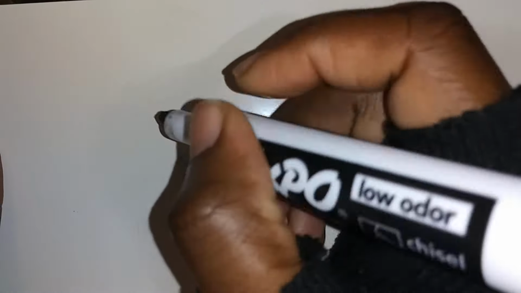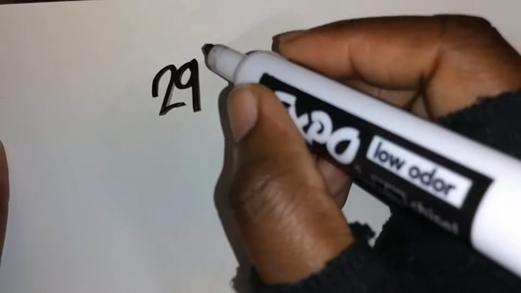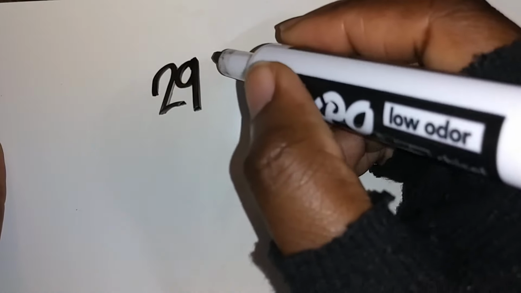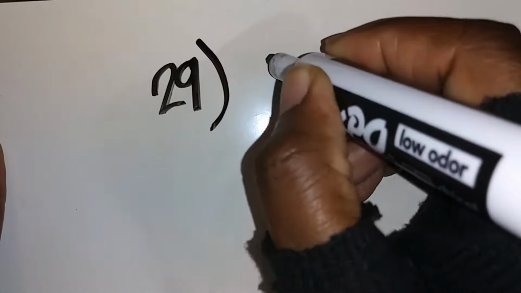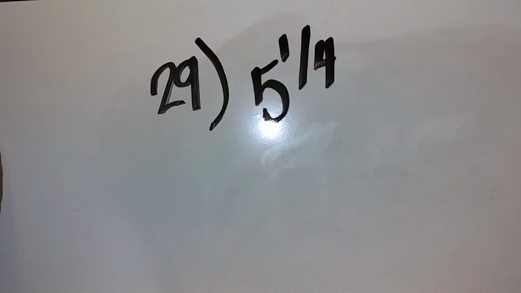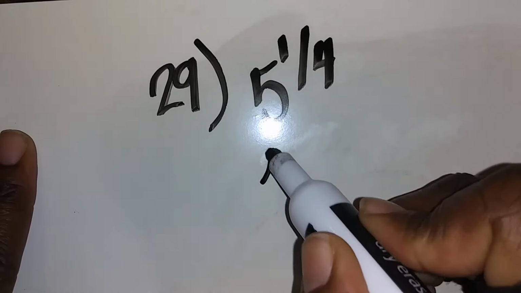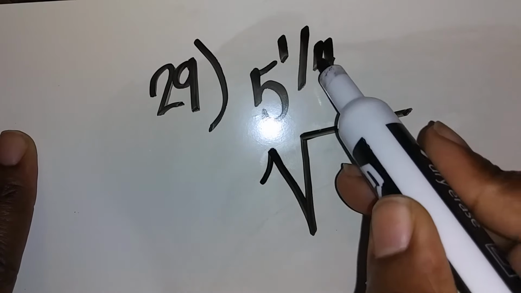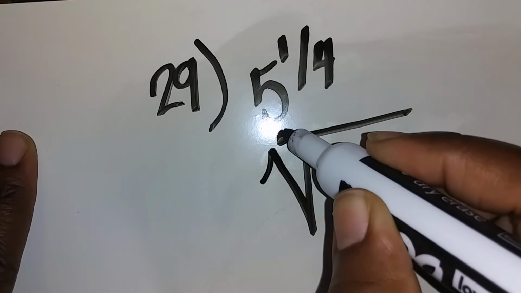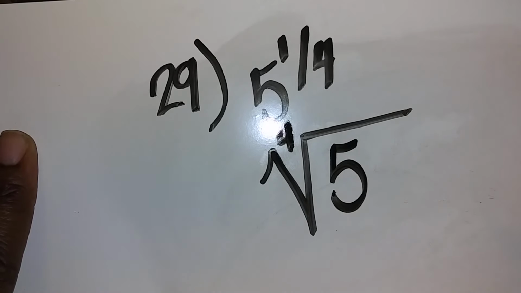So let's look at number 29. I have 5 to the 1/4. And right here, my index is going to be your denominator, which is 4. My 5 goes under the radical.